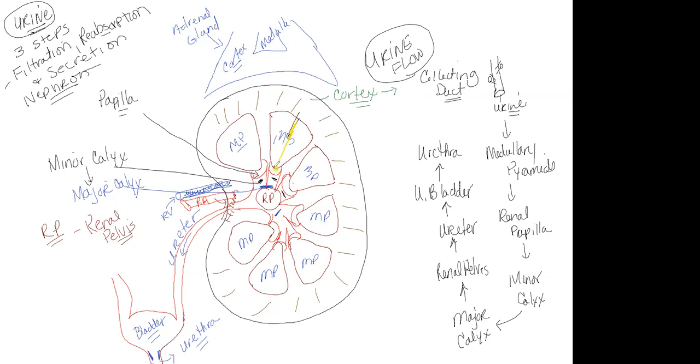It enters into the renal pelvis here, to the minor calyx, on through to the major calyx, to the renal pelvis, into the ureters, and from the ureter, it will enter into the urinary bladder. We'll talk about muscle and how it leaves through the urethra a little bit later, just learning the anatomy right now.